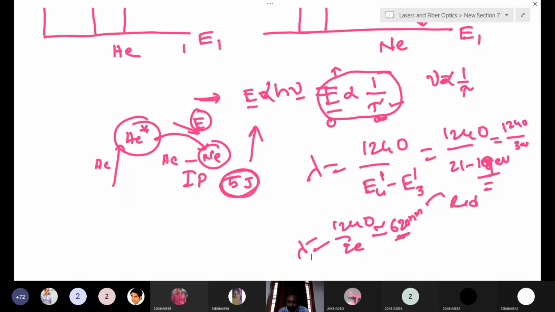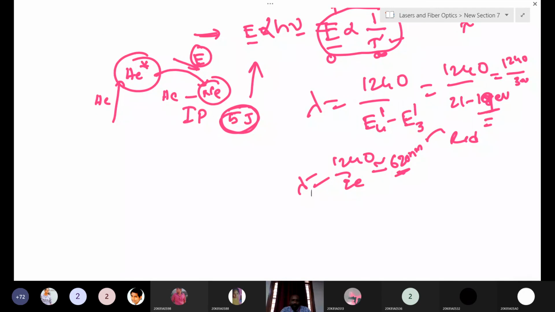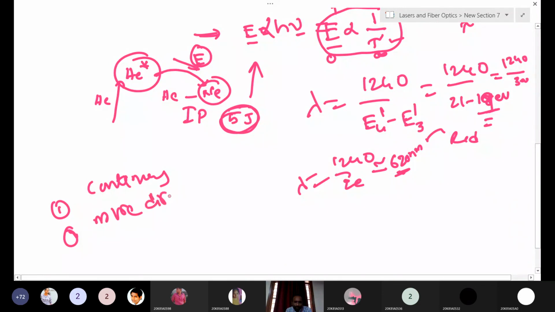What are the applications and advantages? First, it is a continuous laser, and we get more directional and more chromatic light.